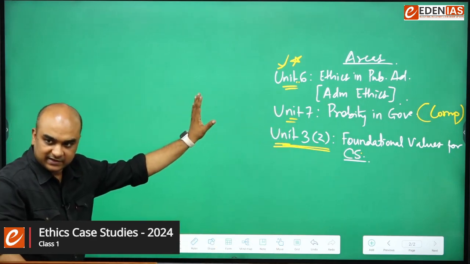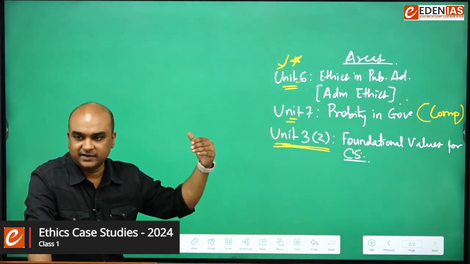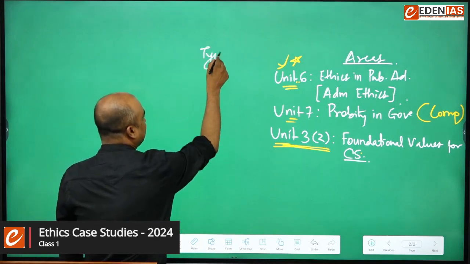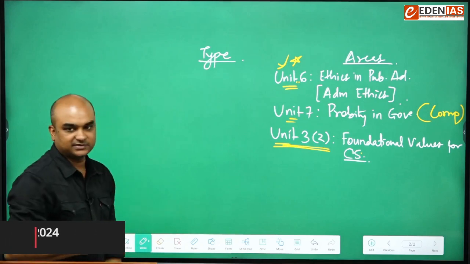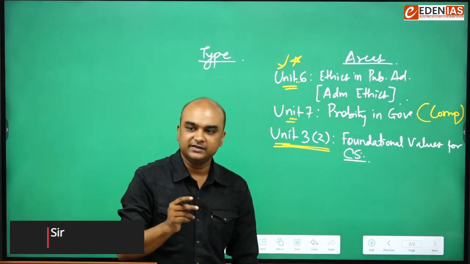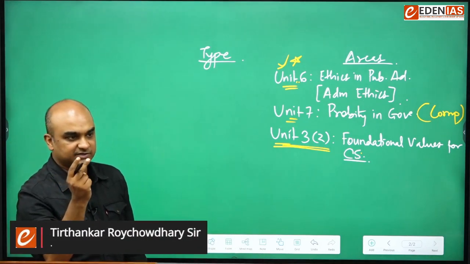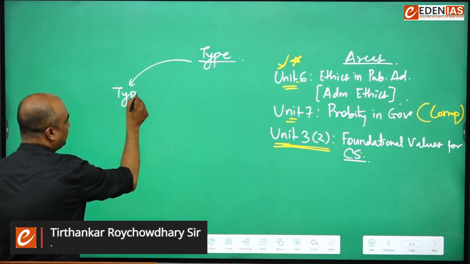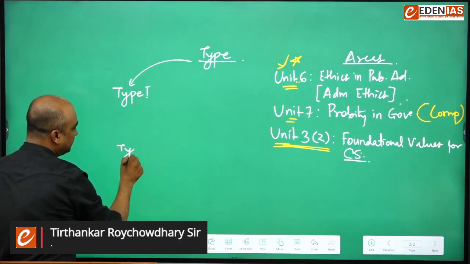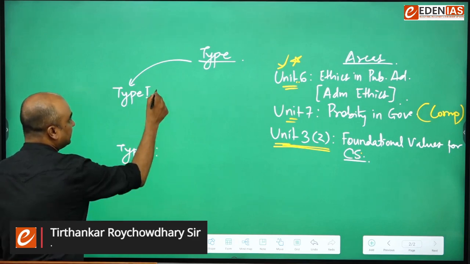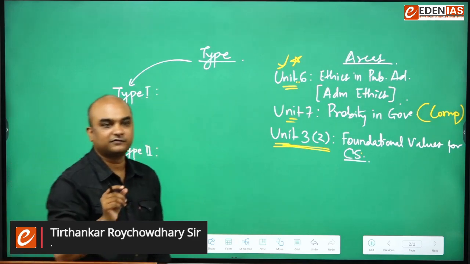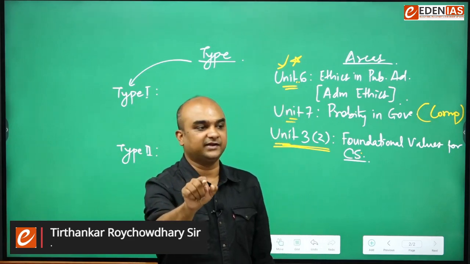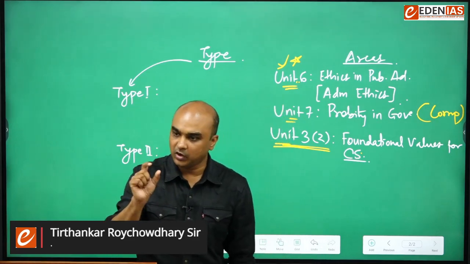Now, once we understand that which are the areas from where we get the case study questions, let's try to also understand that what are the type of case study questions that we get. Generally, there are 2 types of case study questions that you will encounter, and let us divide them into type 1 and type 2. Type 1 kind of case studies are those case studies where you are the protagonist. It means you are the actor.